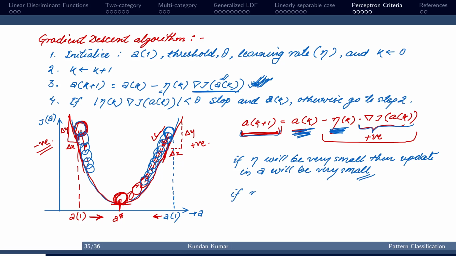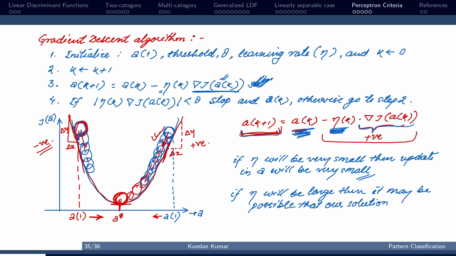Okay, if eta is very large, then it may be possible that our solution vector will go out of this curve.